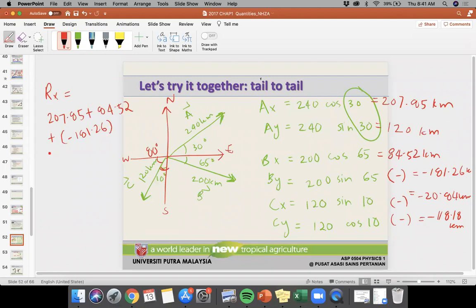Can anyone give me the answer for Rx? 271.53. Thank you.